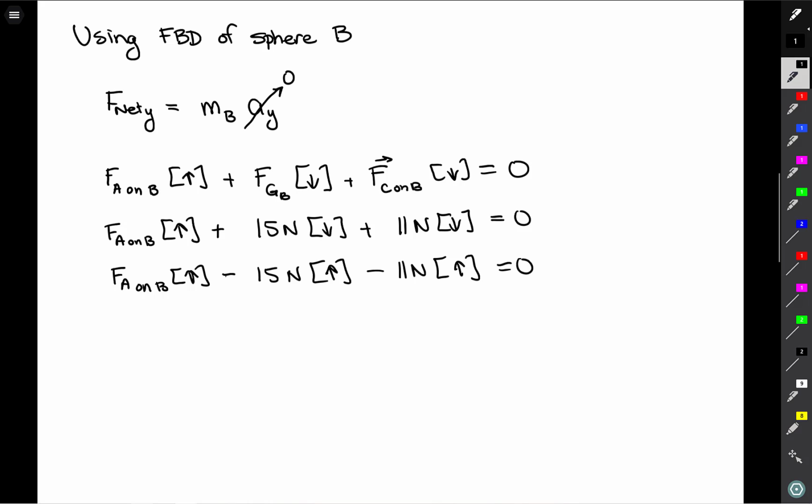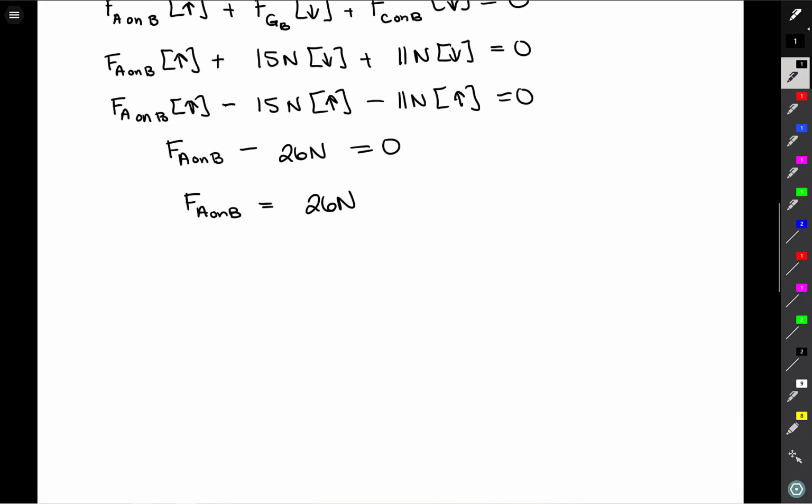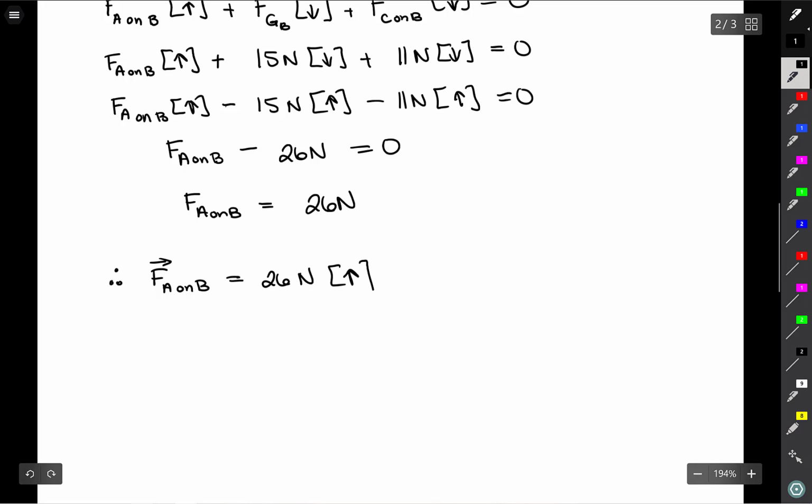Now all of our vectors are pointing in the same direction, so we can just drop the directions for now. FA on B minus 26 newtons is equal to 0, which means that FA on B is equal to 26 newtons. And we said that it has to be upwards, so therefore FA on B as a vector is equal to 26 newtons acting upwards.